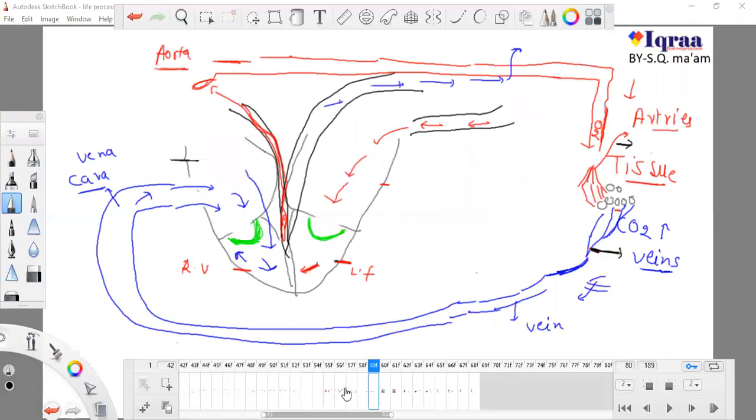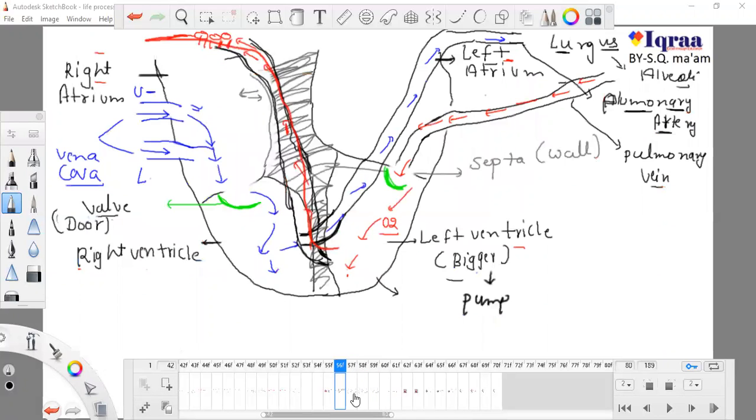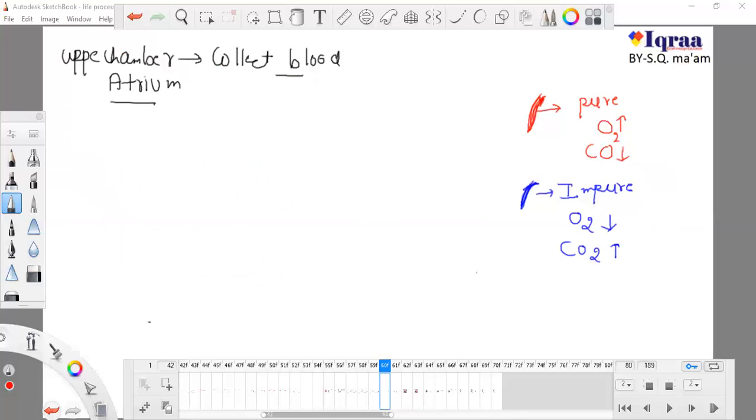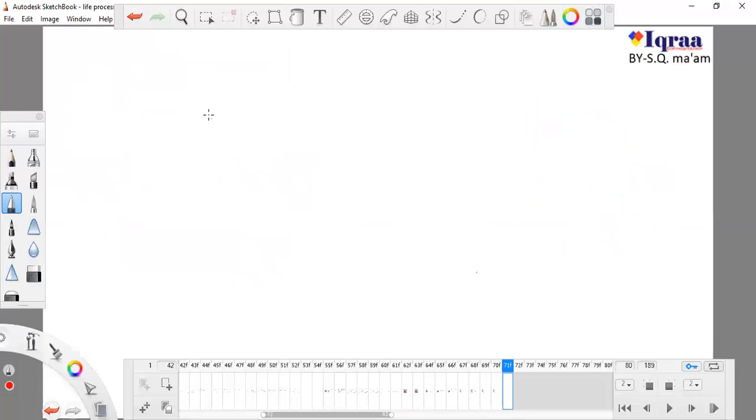So in these cases you can see, first of all the passage is with this impure blood, and it will go, and the second thing is the passage is with this color, or we can say with red color. Okay, so two things occur in the purification process.